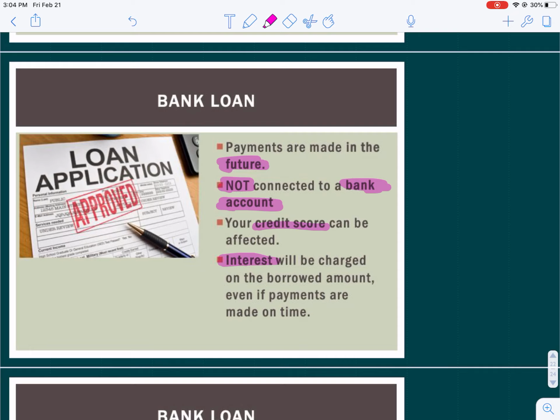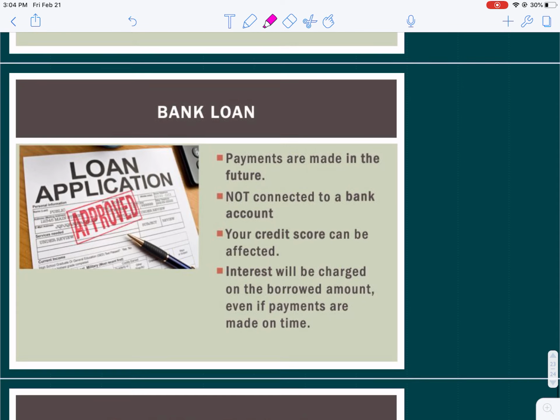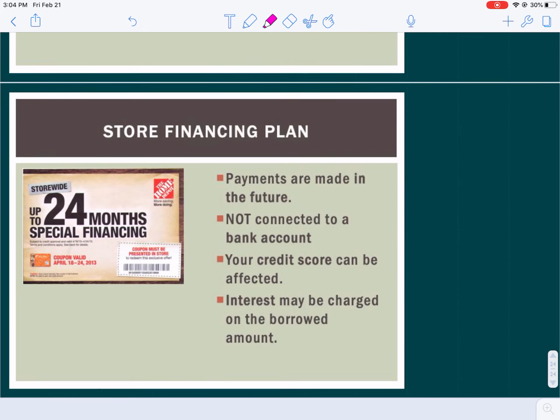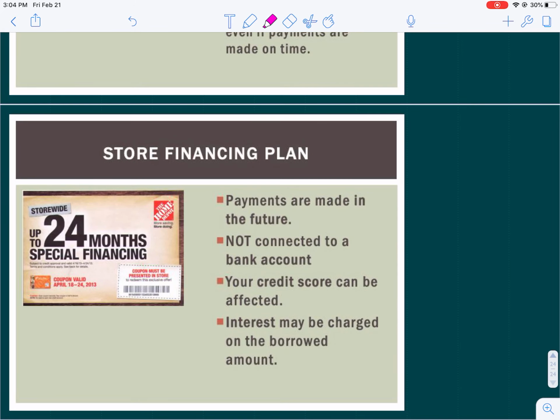Interest will be charged on the borrowed amount even if payments are made on time. Oh, this is the same thing. Store financing plan: payments are made in the future, not connected to a bank account. Your credit score can be affected, and interest is charged if borrowed.